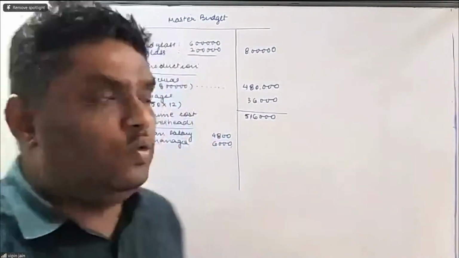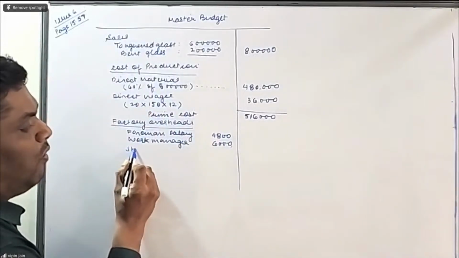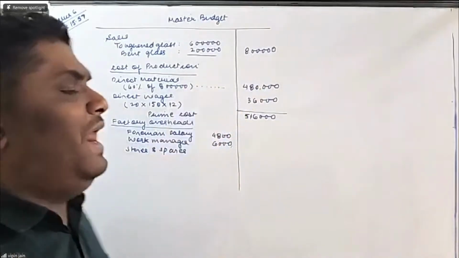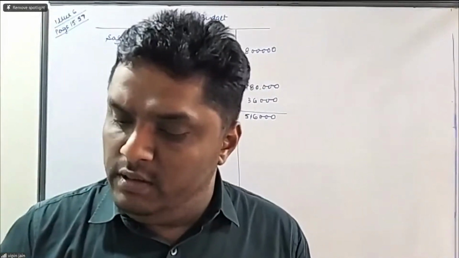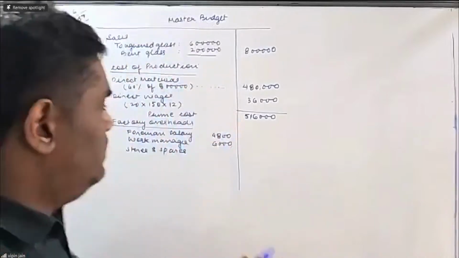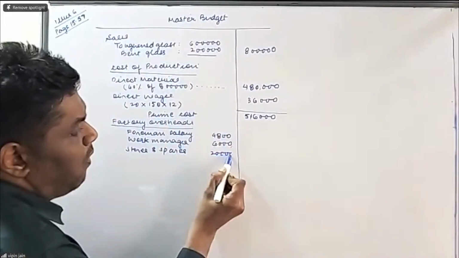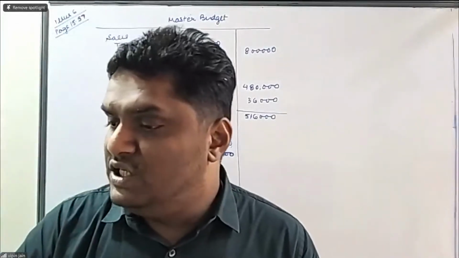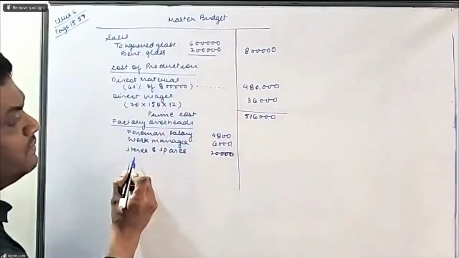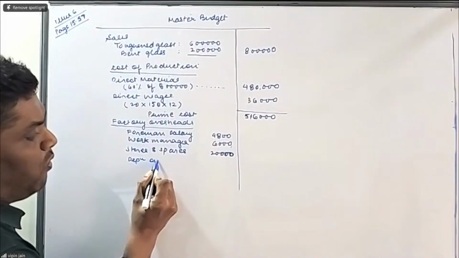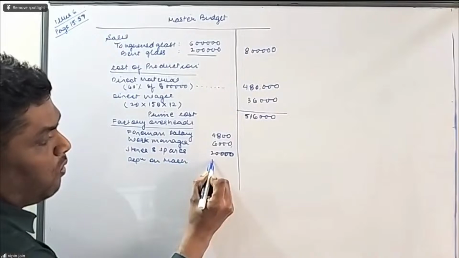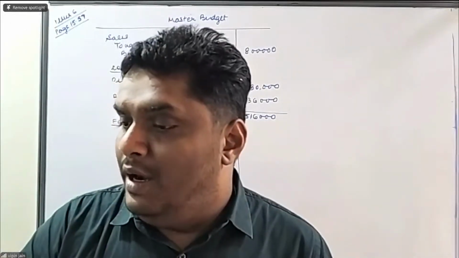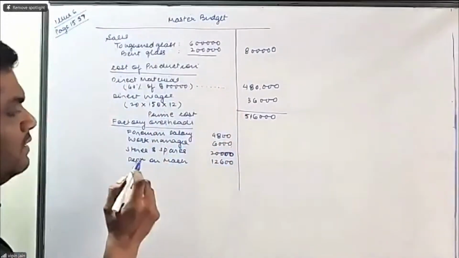Thereafter, stores and spares is 2.5% of sales. Sales is 8 lakh, so 8 lakh into 2.5% comes to 20,000. Depreciation on machinery 12,600. Light and power 3,000. Repairs and maintenance 8,000.